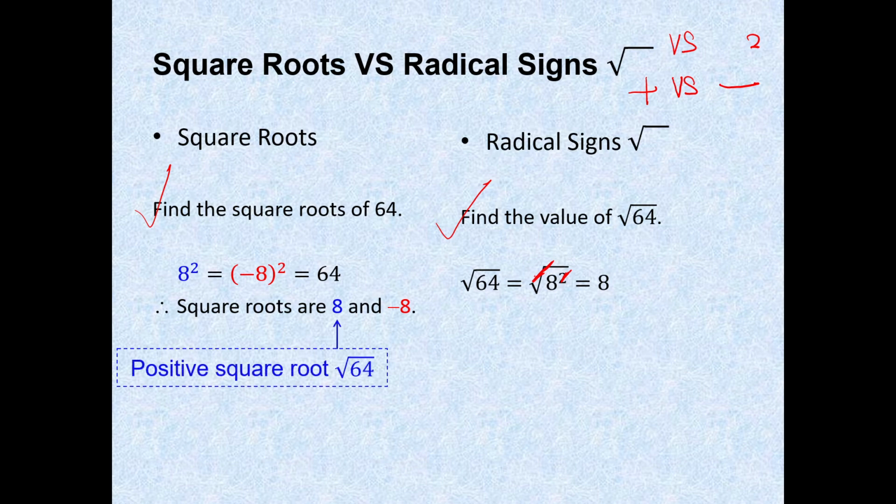So that means this number 8 is equivalent to the positive square root. So the radical sign on top of 64 is equivalent to the positive square root. So we may say the radical sign to be the square root.